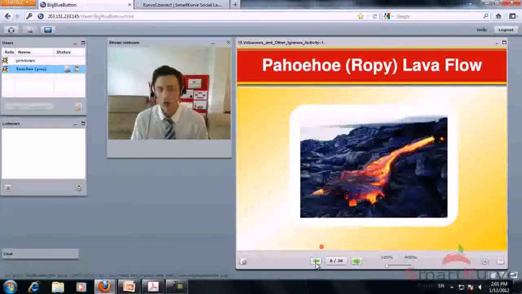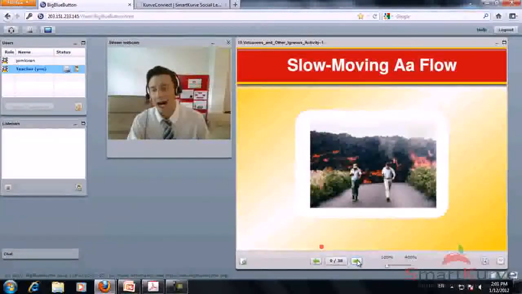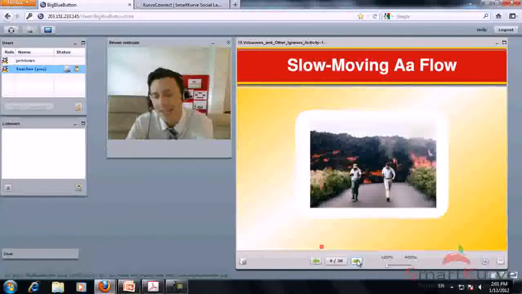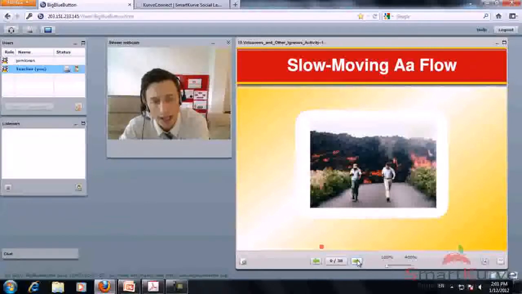It's also that Pahoehoe is going to be the type that has a lower amount of gas like water vapor or carbon dioxide. The thick, high viscosity lava is going to have more water and carbon dioxide. You can see in that picture of the lava, little what look like clouds of gray coming off of that lava.